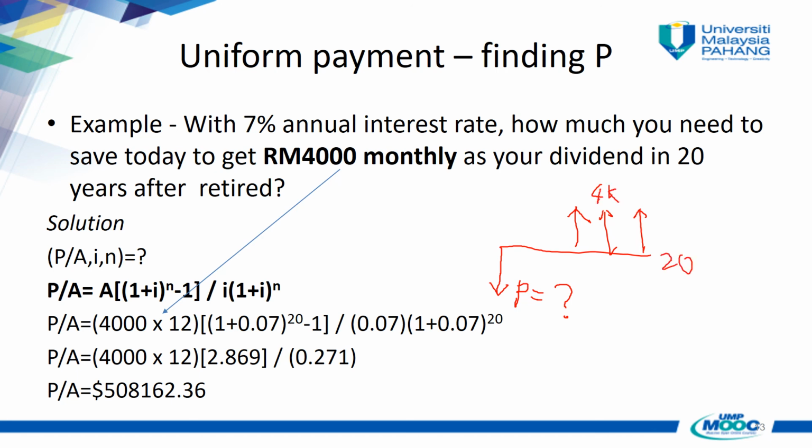So the solution is finding P when we know the A, and then we will see that in 20 years time we should have 508,162 ringgit in our savings, so that we will be paid 4,000 consistently monthly, 500,000.